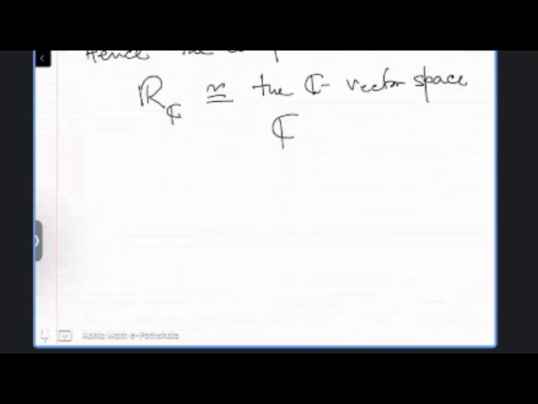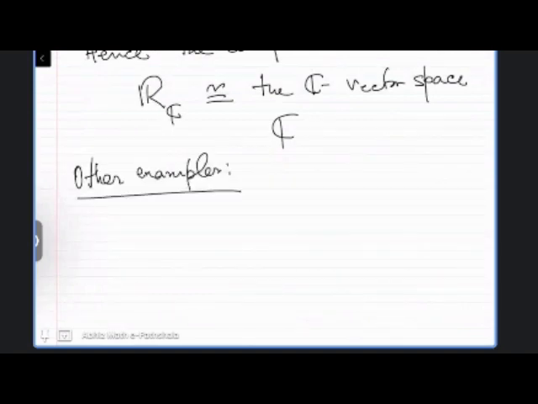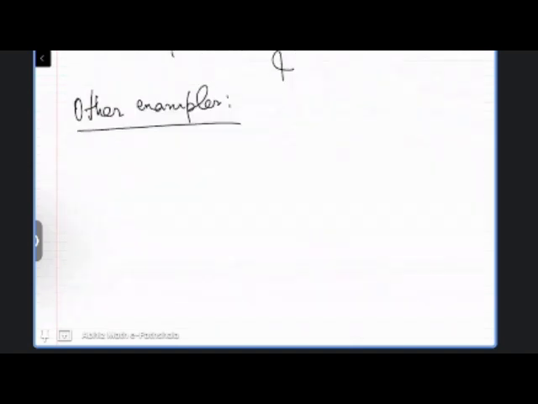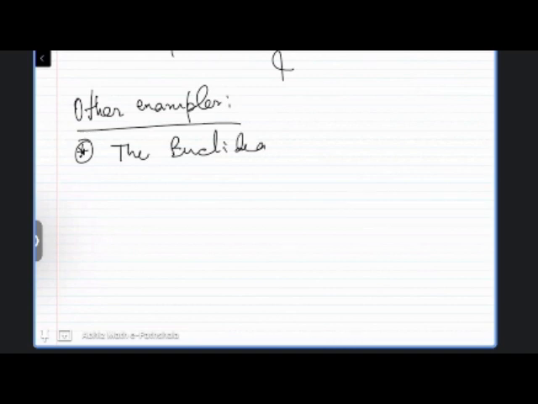So other examples might be like this. What would be the complexification? Suppose you take R^n, the Euclidean spaces.